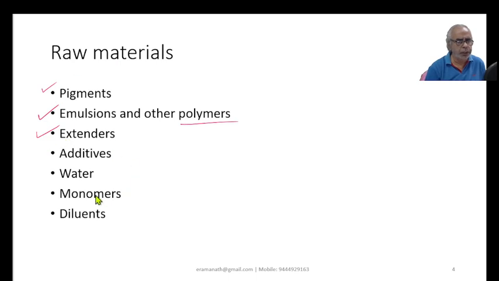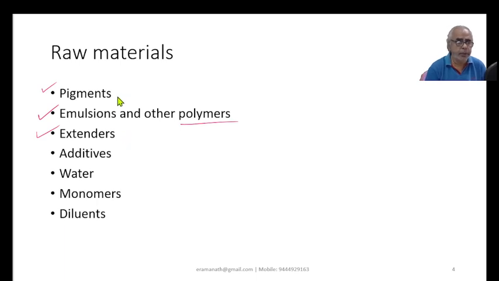I'm talking about water based paints here, where they are applicable on civil structures. Then extenders can be called pseudo pigments or false pigments, like china clay. Then you've got titanium.